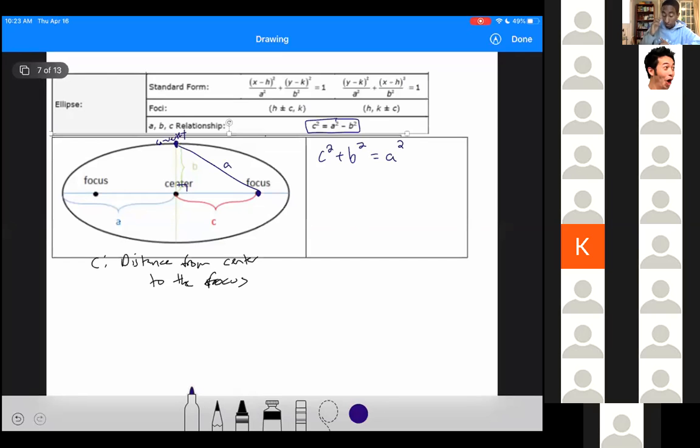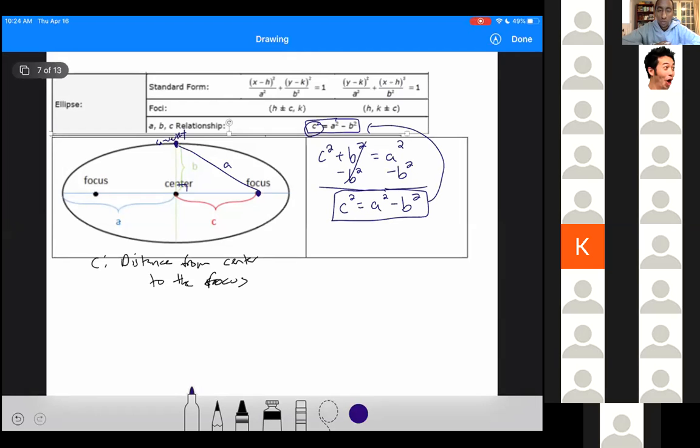And if you note, this relationship between A, B, and C is solved for C squared. To solve for C squared, you subtract the B squared, and you get C squared equals A squared minus B squared. That is the equation for the relationship between the A, the B, and the C.